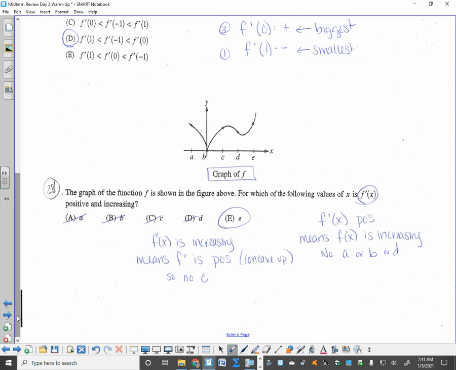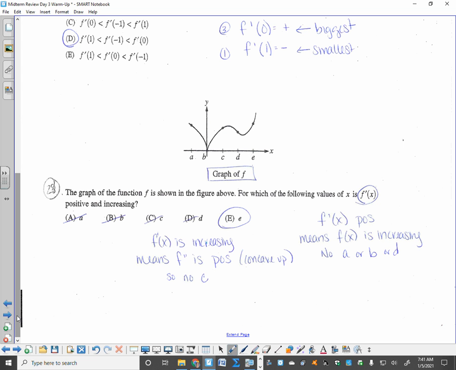The graph of the function f is shown in the figure above, for which of the following values is f prime of x positive and increasing. Okay, so f prime of x is positive, means that f of x, and this is the graph of f of x, and they're asking about information about f prime. So this is one of those ones where you can't just glaze over it.